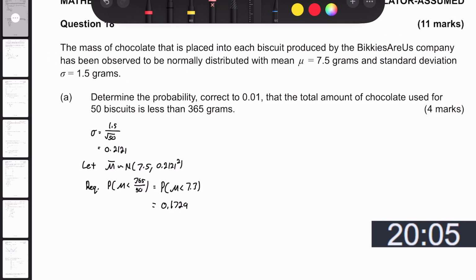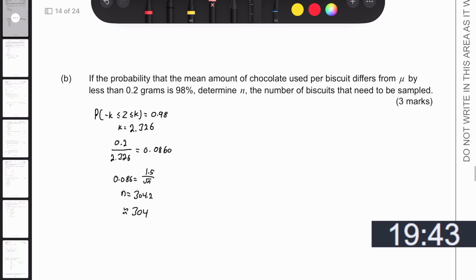Chocolate used for 50 biscuits is less than that. 50. So this is TF from negative infinity to 7.3, 0.2121, 7.5. If the probability that the mean differs from mu by less than 0.2 grams is 90%.